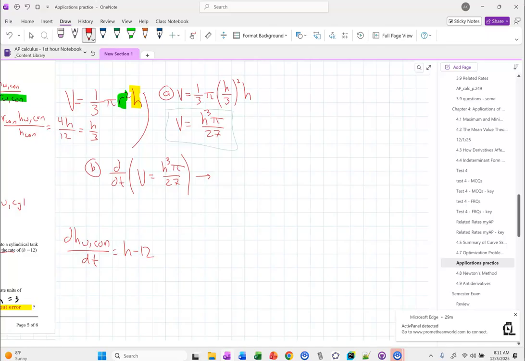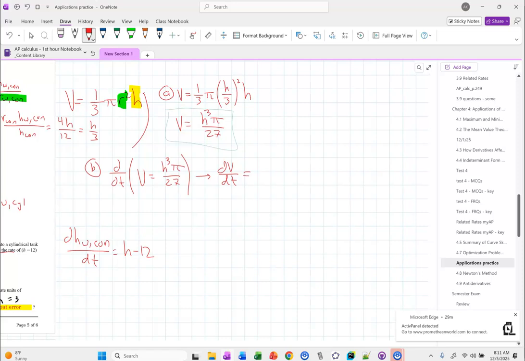So when I take the derivative of v, what do I get? I heard some mumbling. I hope the mumbling was dv dt, or 1 times dv dt. That would be fine as well. But we don't really need to write the 1 there.